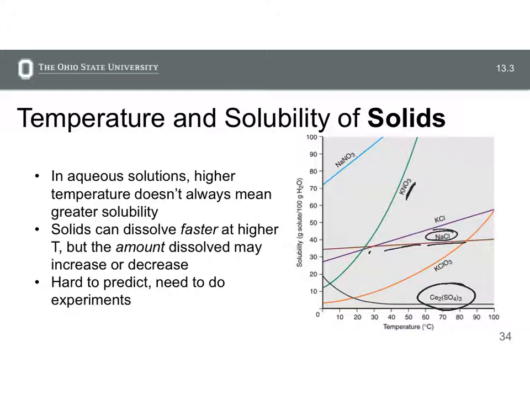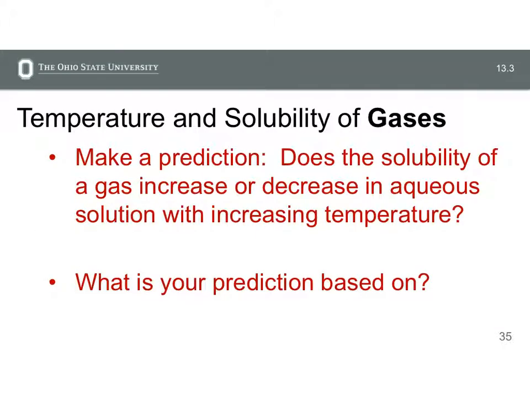The solubility doesn't increase that much with increasing temperature. The second bullet point here is that solids can dissolve faster at higher temperatures, but the amount doesn't increase or decrease reliably. It is actually really hard to predict if a salt is going to increase solubility with increasing temperature, so people do experiments on that. And that's how they get these curves as well.